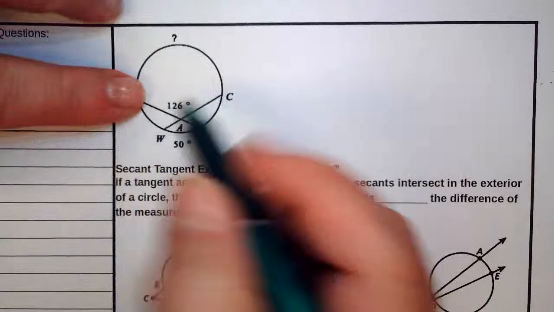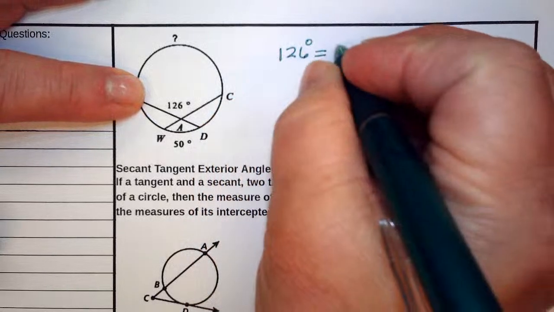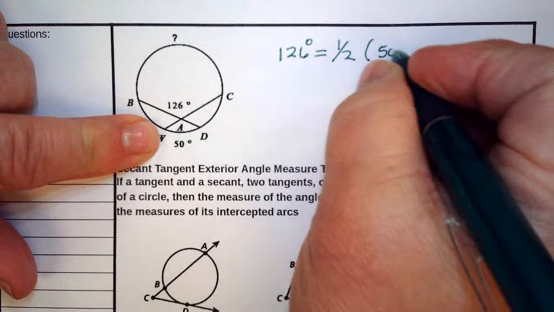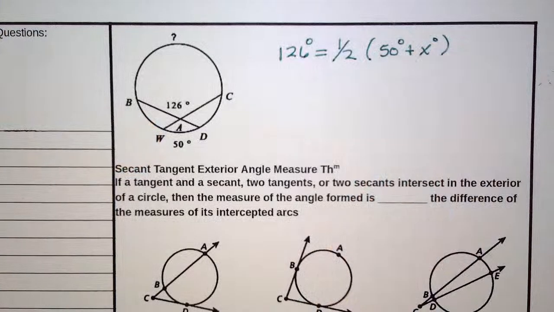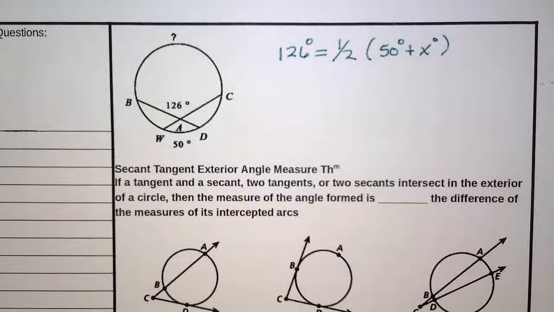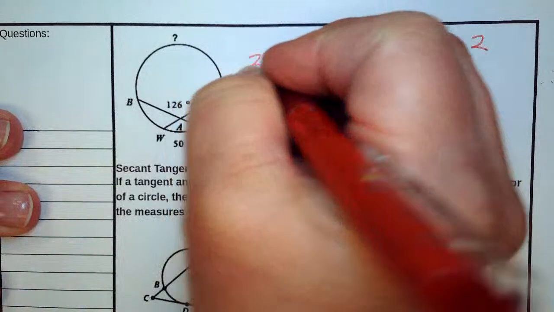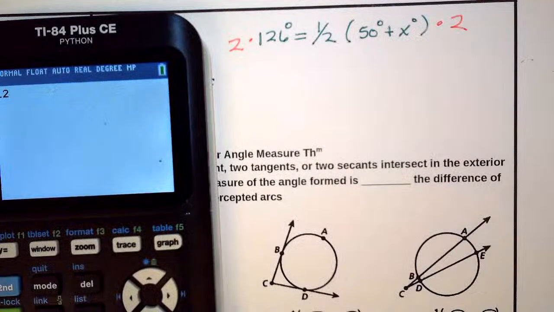The measure of that angle, so the angle is 126 degrees. It is equal to 1/2 of, I know this one's 50 degrees, plus x degrees. How do I solve? Well, I'm going to get rid of my fraction, so I'm going to multiply both sides by 2. 126 times 2 gives me 252.